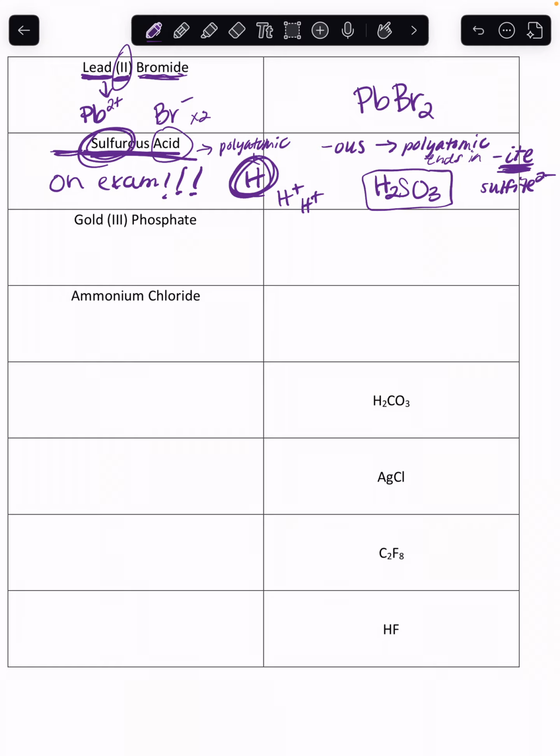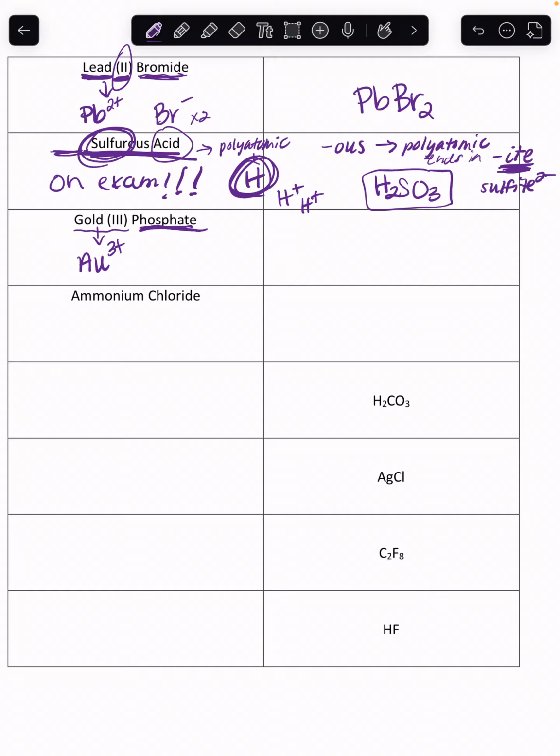Okay, moving on. Gold 3 phosphate. Look at it. Beautiful. So again, this is just like lead 2 bromide. I see a transition metal. Gold is Au, and I know the charge is +3. Very nice. Then look at your second word, phosphate. Where have I heard that before?